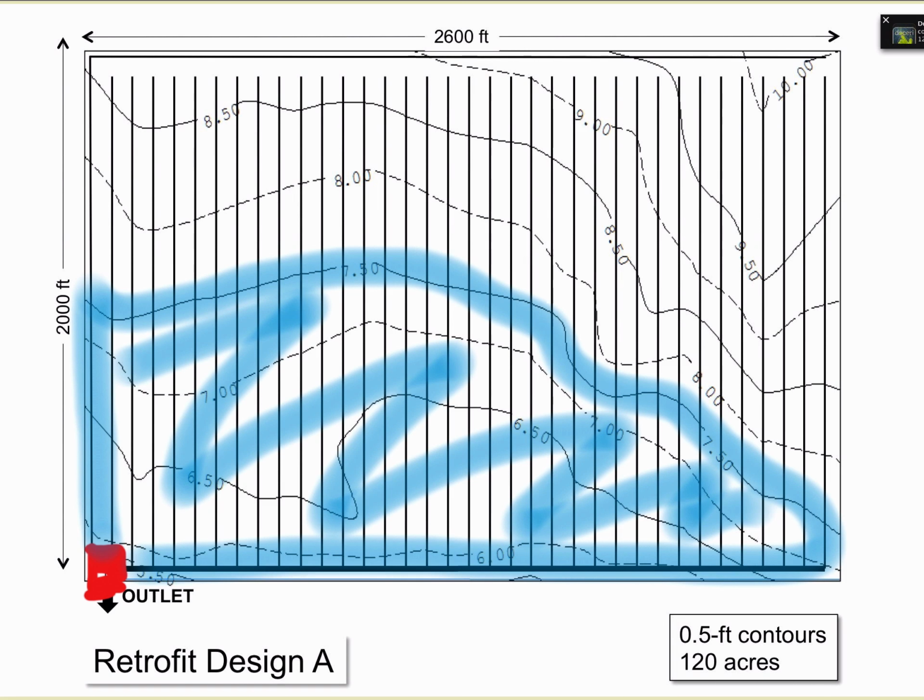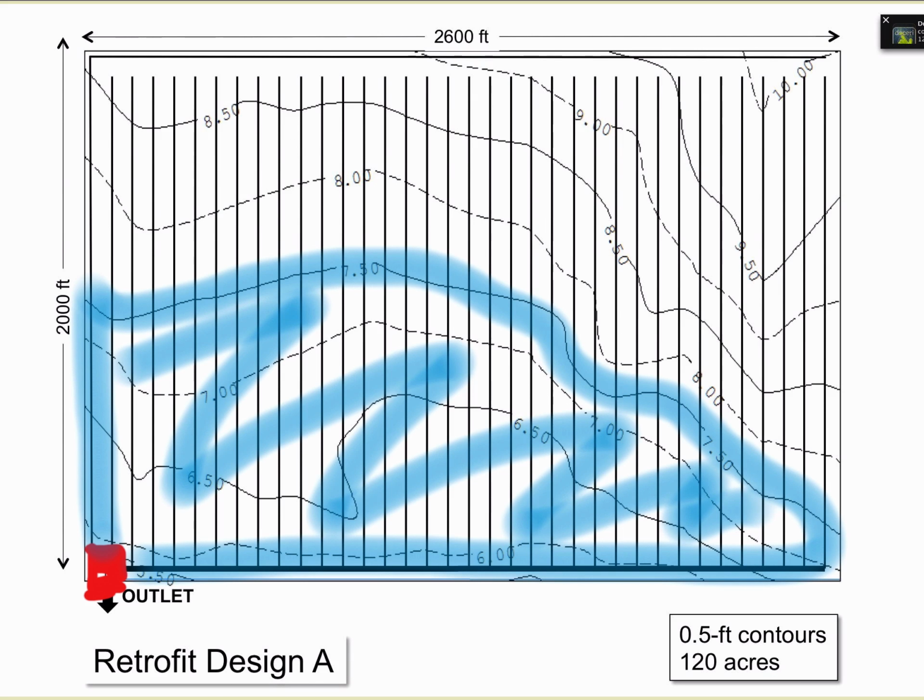So that's my first structure, and not bad actually. This is a 120-acre field, and I've picked up maybe just shy of 50% of that field just by placing one structure at the outlet. Now, where would a second structure go if I were going to try to use it? Well, it's probably going to go somewhere along the main.